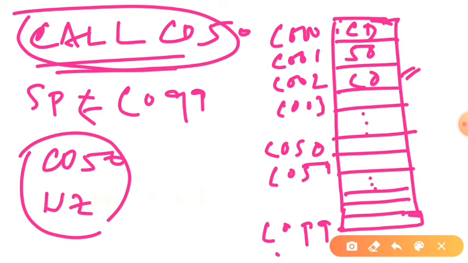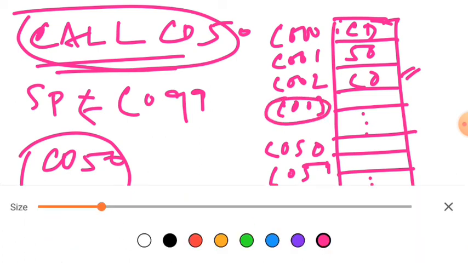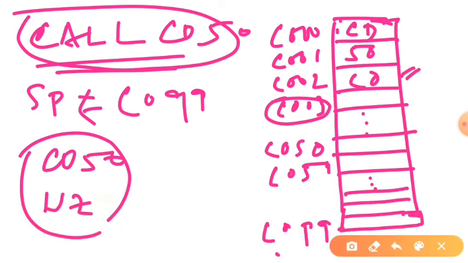We have already discussed that the next memory address, C003, should be stored in the stack memory. That is the feature of the call instruction, the difference of the call instruction from the jump instruction.